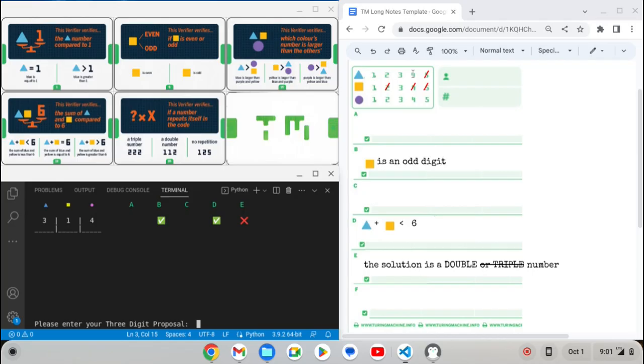Well, let's see. So if triangle were 4, the only thing you could add it to would be 1. And so yeah, I guess you could have 4, 1, 1. That's possible. Let's see. What else could we test? Well, let's see. Could triangle be 1?